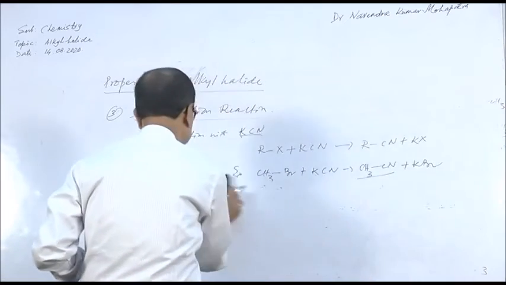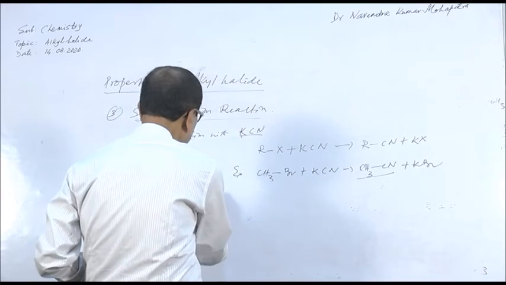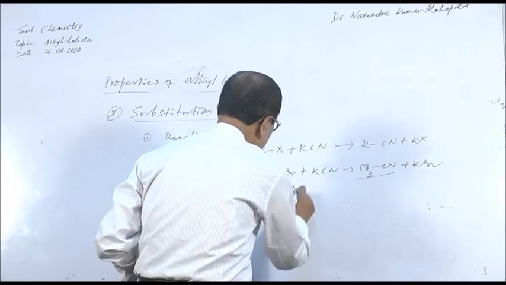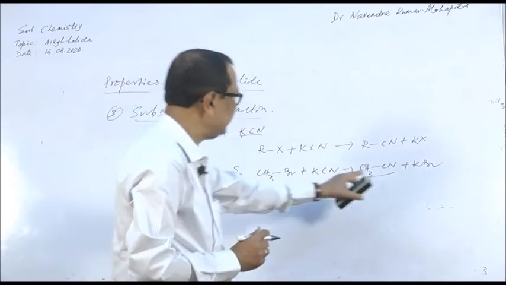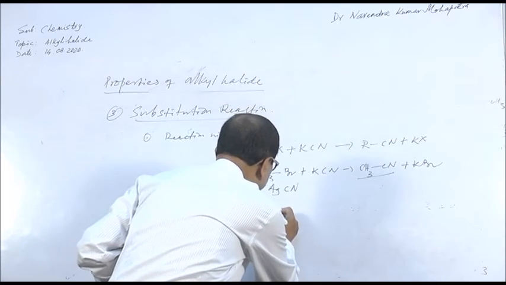Another reaction I forgot to tell you. When alkyl halide reacts with silver cyanide, potassium cyanide gives you alkyl cyanide, but silver cyanide gives you isocyanide.